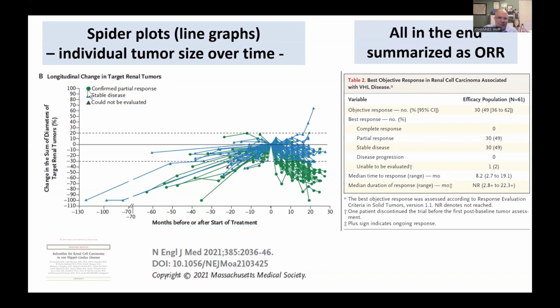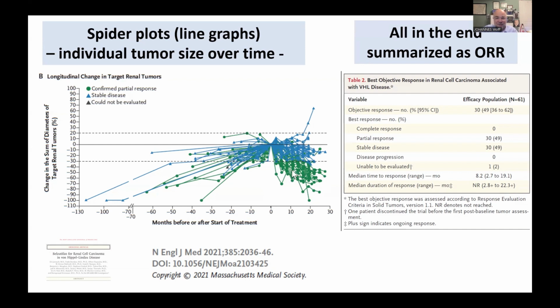They labeled with colors those patients where there was eventually a confirmed partial response, in green, and in blue those where there was eventually stable disease as final count. And you see, this is the time point where the treatment started, and it is obvious that those with partial response are below those with stable disease.